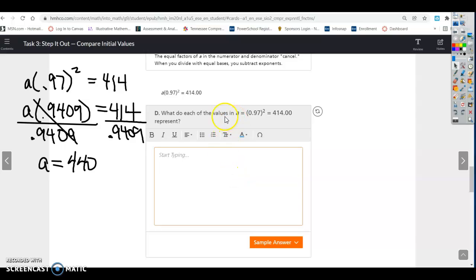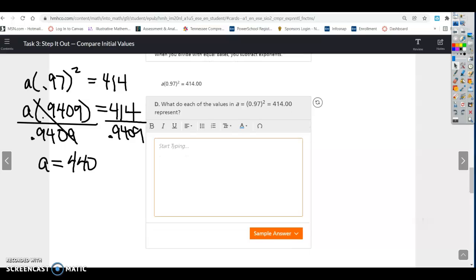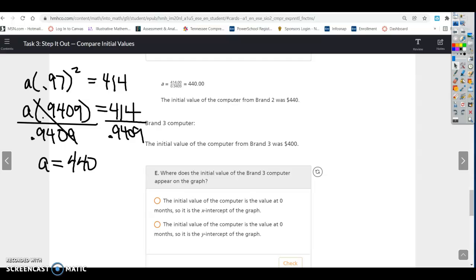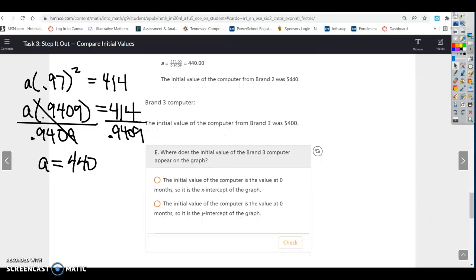What does each of the values represent? The 0.97 represents the rate that we found above, and the 2 represents the 2 months, when the value equals $414. The 2 and the 414 came from the table, and the rate we found by dividing the 2 equations. So a is about $440.